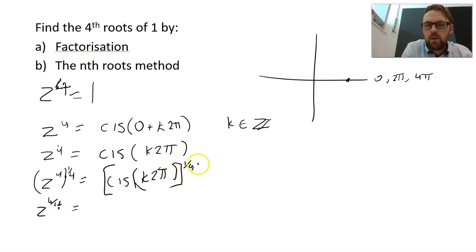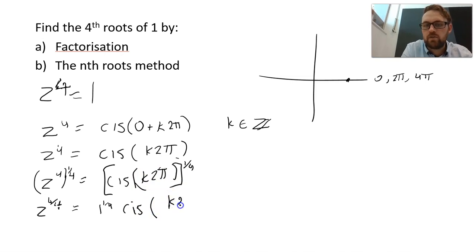And cis. Now, using de Moivre's theorem, we know that this is going to go to the power, so the modulus of 1 becomes 1 to the power of 1/4. Cis, lots of, and it multiplies this argument in here.